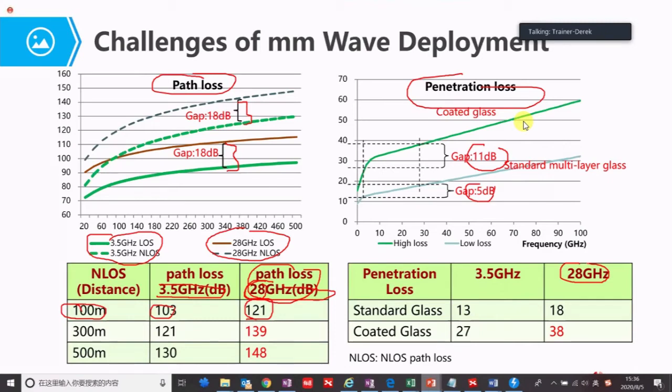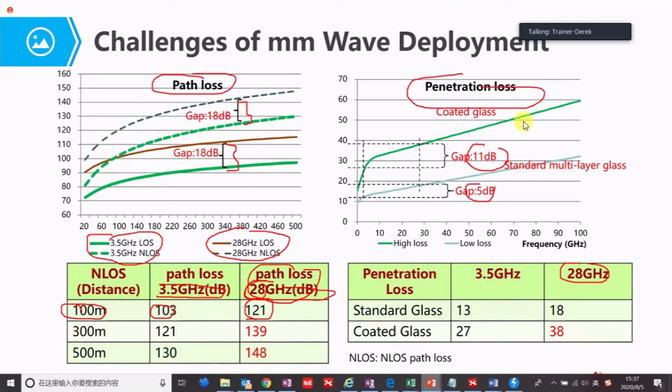But for millimeter wave, we have plenty of free resources available. It can provide very broad bandwidth and support very high throughput. So in hotspots, it will be good supplementary coverage.